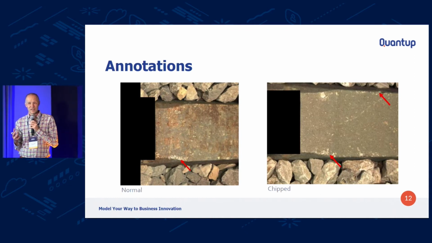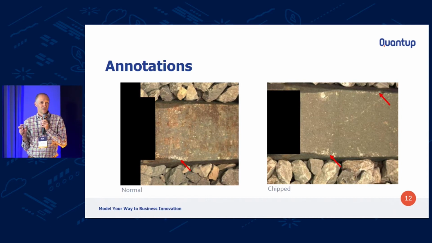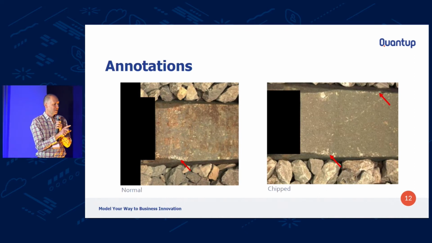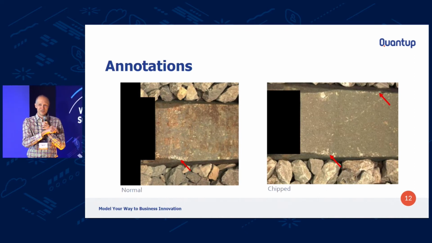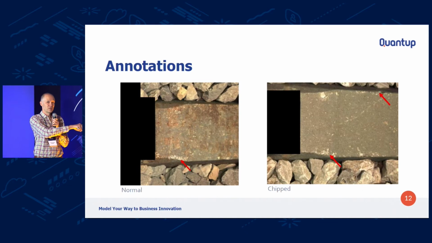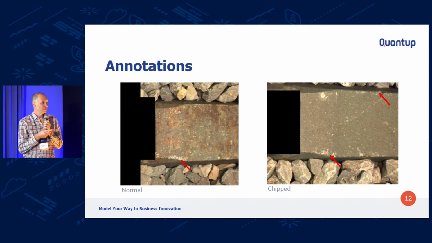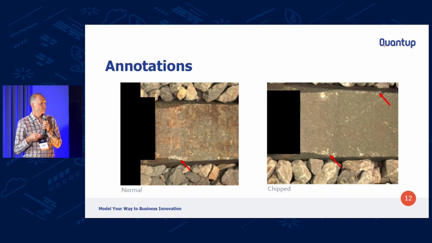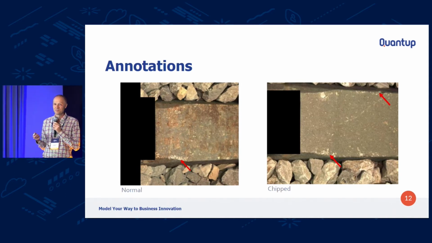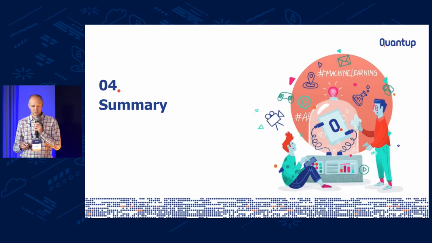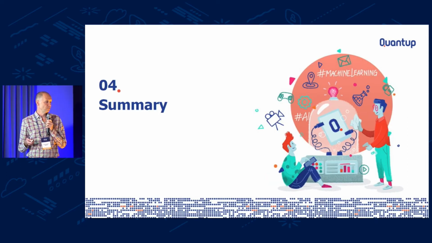So it was a tricky part, and they have regulations on what is a chip, what is not. But the human eye, not a trained human eye, cannot distinguish between these two, but we force the algorithm to distinguish between them. So this was a very important part, to annotate data, to know the so-called ground truth, and to teach the model.